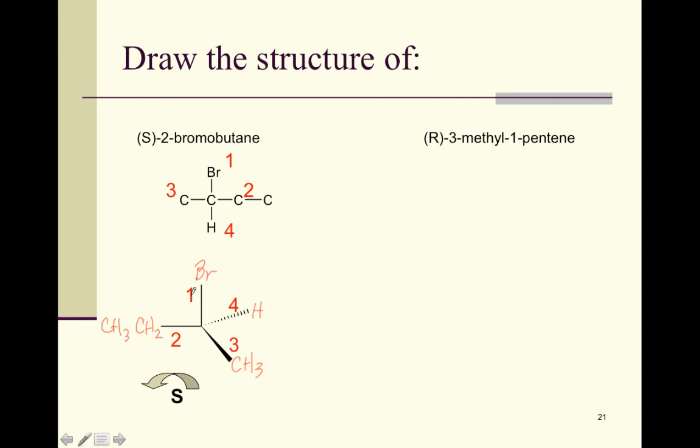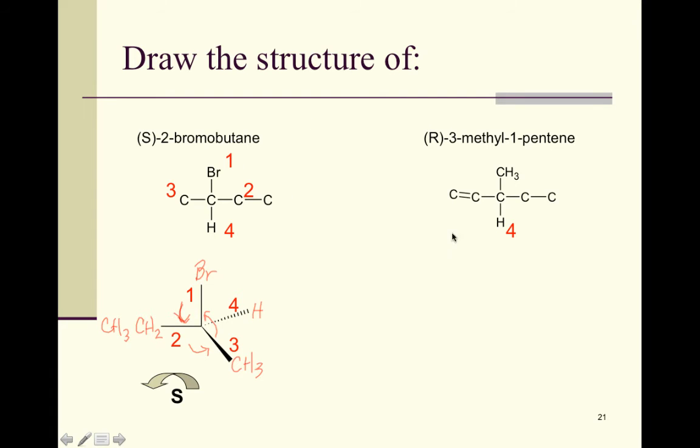Taking a look at my numbers, 1, 2, and 3. It's just these 3 numbers here I have to look at. These are going in a counterclockwise direction. There's my arrow, this direction, this direction. Remember, we don't look at 4, that's going behind us. Go ahead and use the same technique for R-3-methyl-1-pentene. Pause the video, come back, and see how you did.